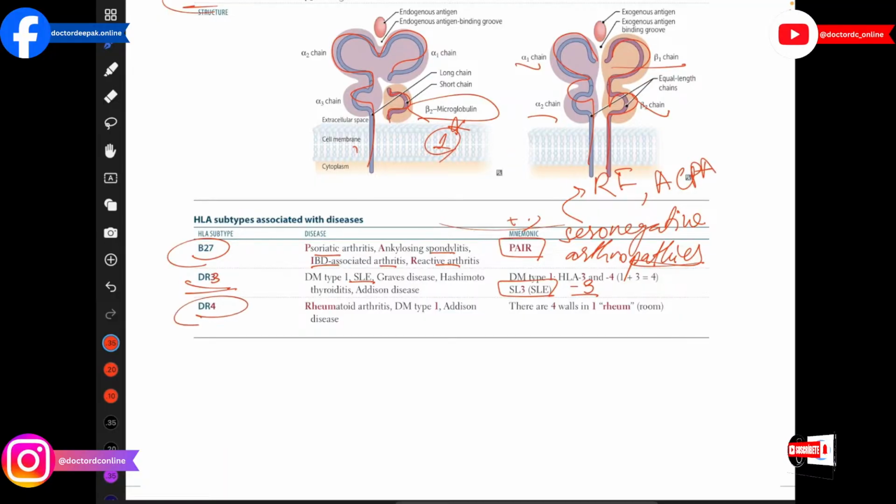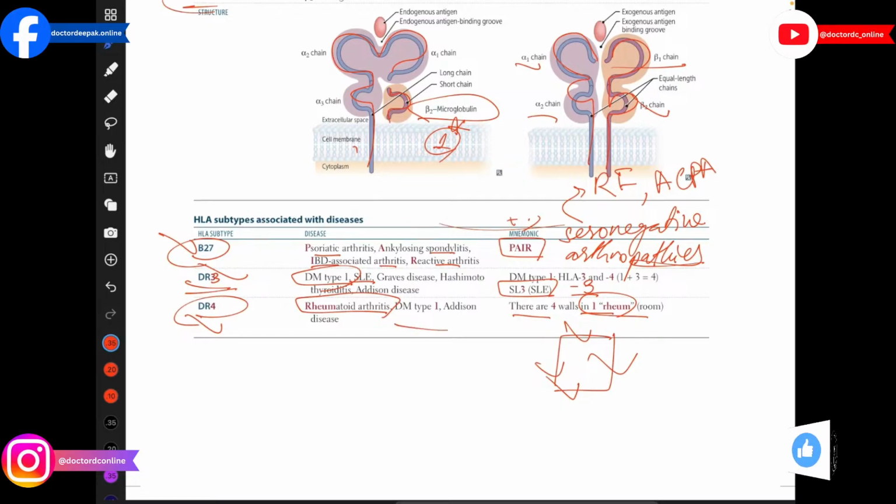And DR4, there are 4 walls in one room. One room having 4 walls. By this technique, you have to remember rheumatoid arthritis. The seronegative arthropathies are associated with B27 and rheumatoid arthritis is associated with DR4. And diabetes mellitus type 1 is also with DR3 and sometimes with DR4. Secondly, there are some more. There is A3.